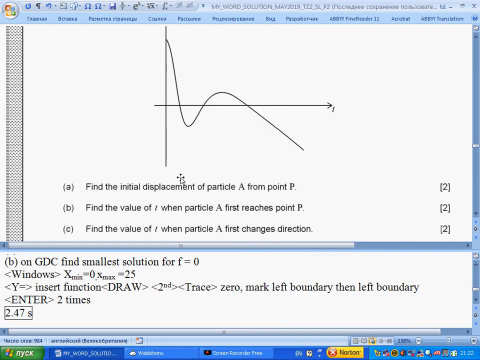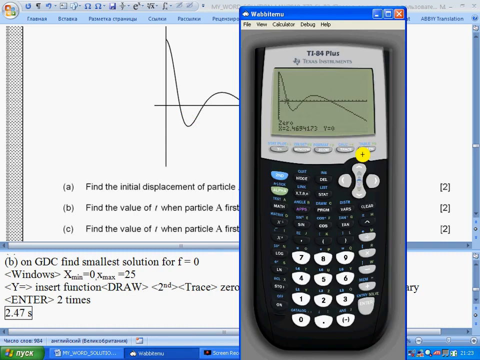Find the value of t when particle A first changes direction. So it changes direction here. Why? Because the gradient is negative, then positive, and gradient is velocity. So the first time is here. We need to find the minimum. Second trace, minimum, left boundary, it's okay.